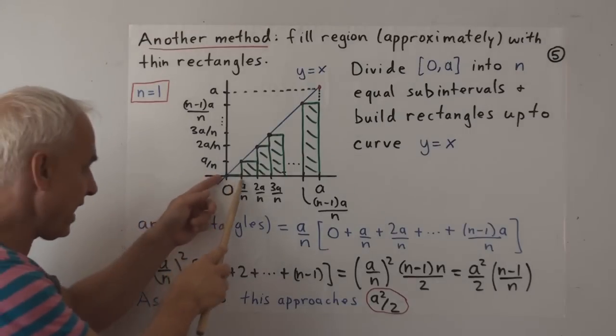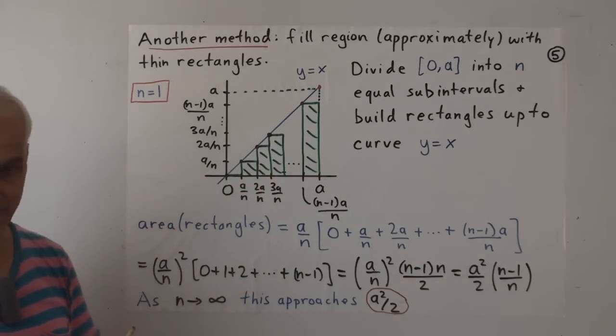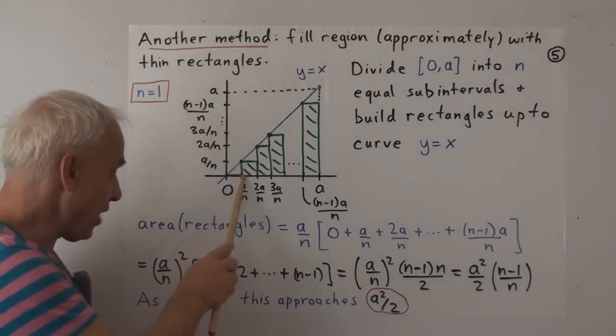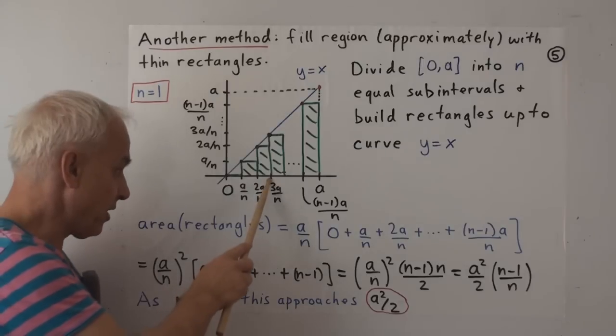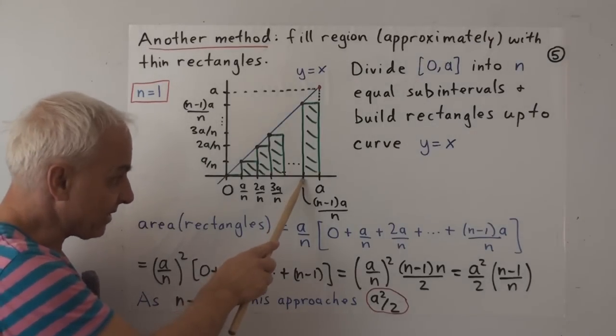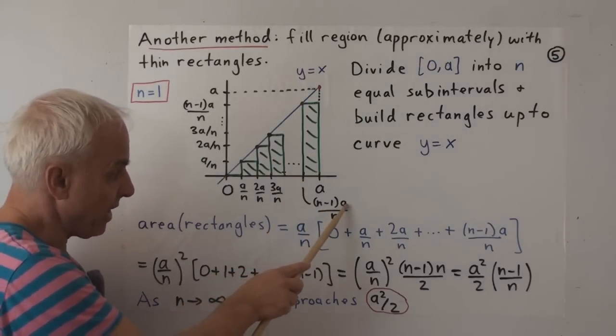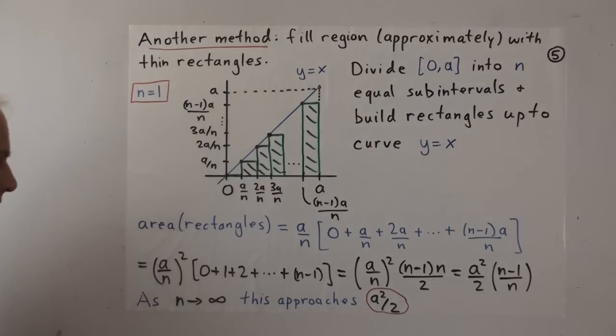So we're going to divide it up into n little pieces, so each piece will have width a over n. So the coordinates here are a over n, and then the next one will be 2a over n, the next one 3a over n, and so on, all the way up to the second last one, n minus 1 times a over n, and finally a by itself.